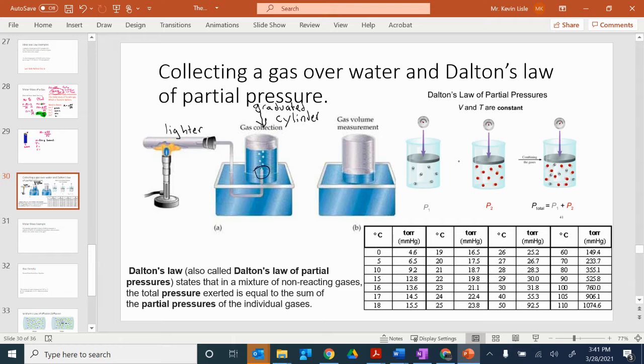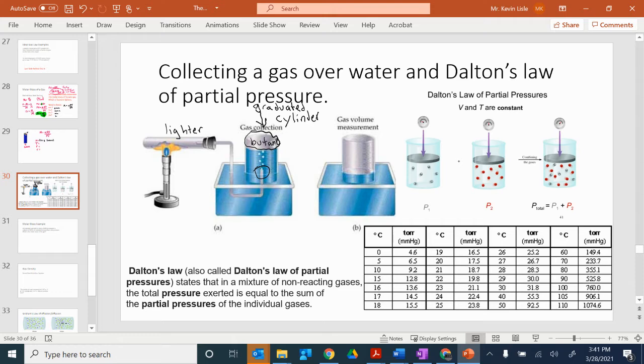We place that butane lighter underneath the graduated cylinder and start bubbling gas into it. What you see right here, which looks like air to us, is really where all that butane is going to go. It starts to push water out of the graduated cylinder until you collect a specific amount.